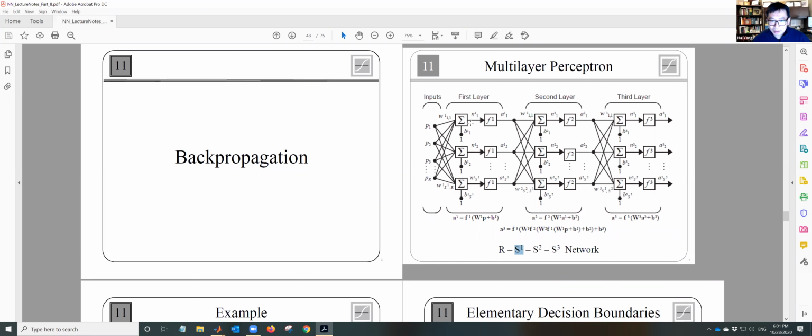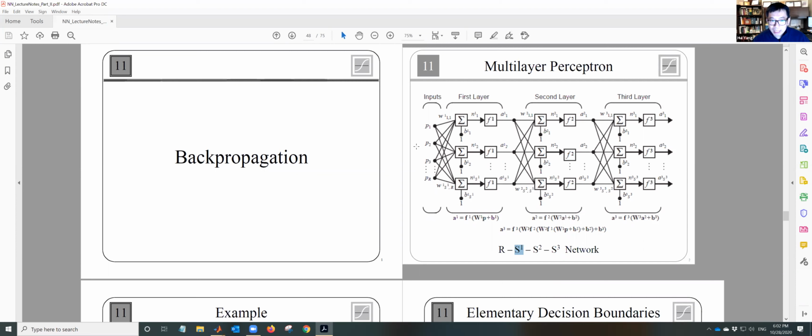Here you have the subscript, not superscript. Superscript denotes which layer, and the subscript denotes which neuron it belongs to. Make sense? So you have S1 neurons here, S2 neurons here, S3 neurons here.